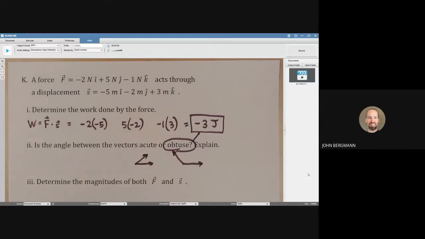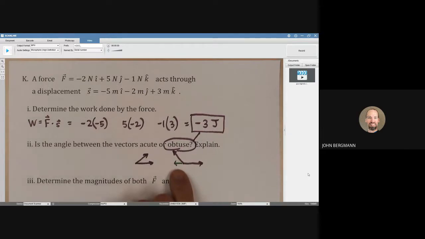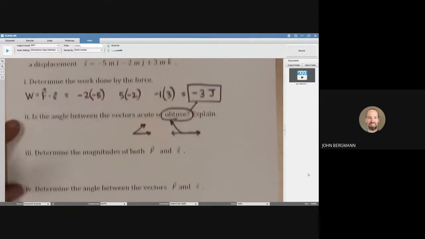The only way that negative work can be done is if, let's say this is the force vector here, its component that is parallel to the displacement points in the opposite direction. So this must be an obtuse angle. It might not be a very big angle beyond 90 because that's a pretty small number of joules there.